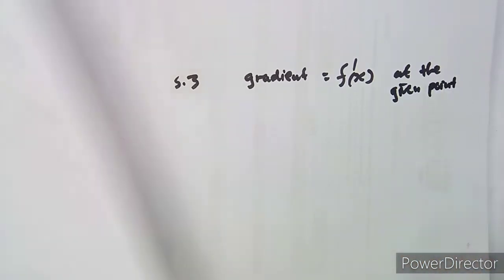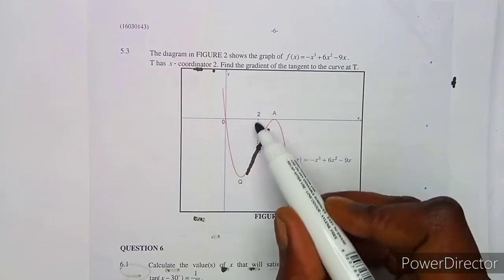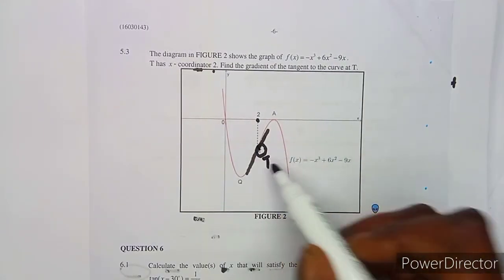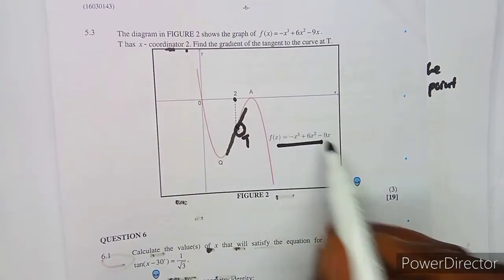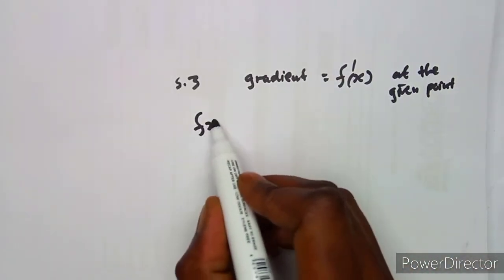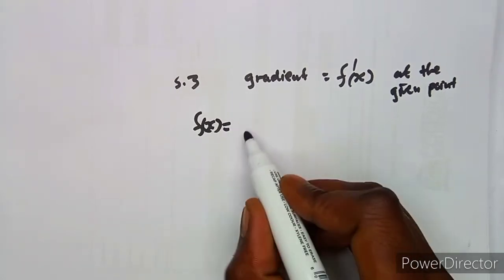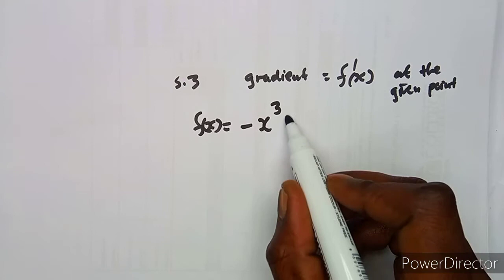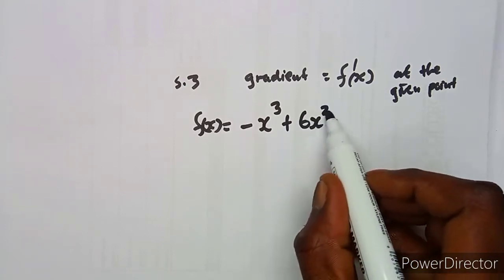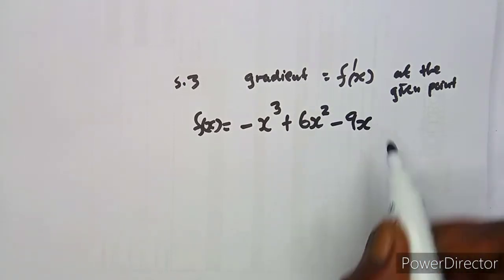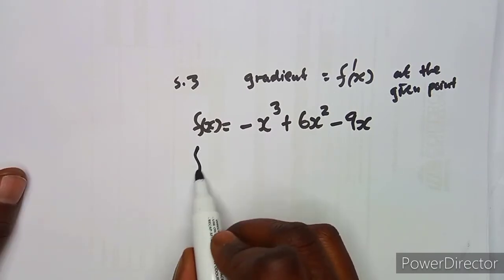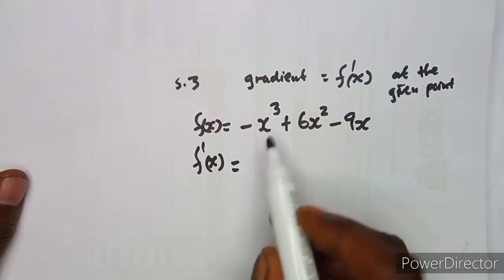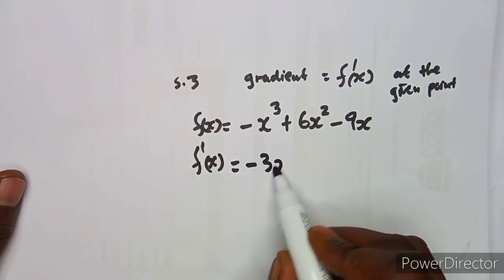So the given point, that is the value of x at the given point, which is our x is 2 at the point T. So we have to find f prime of this. Remember, our f of x, guys, is given as negative x cubed plus 6x squared minus 9x, like this. So we are going to find f prime, which is the first derivative with respect to x, and this is going to be minus 3x squared.